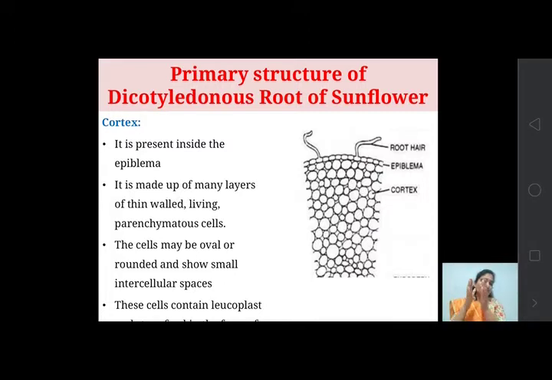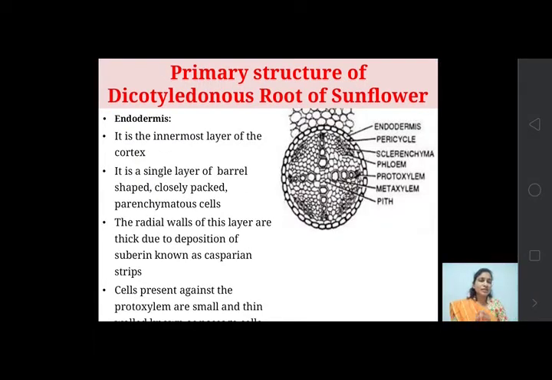So this is the arrangement. When we go from the outer to the inner side, we see the first layer is epiblema, then the next multi-layer is the cortex. Now what will be next after the cortex? After the cortex, there is the endodermis. This endodermis is a continuous layer you can see here.